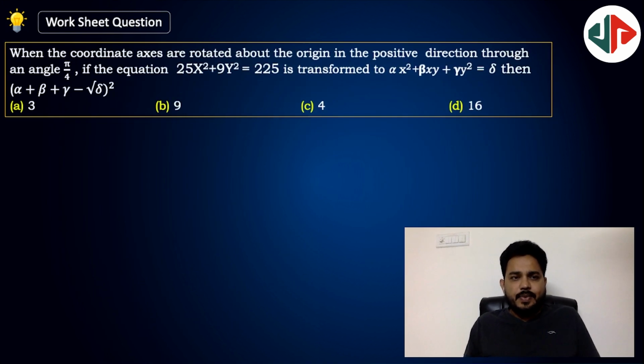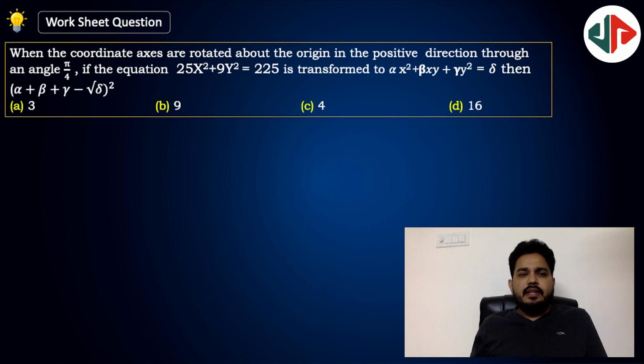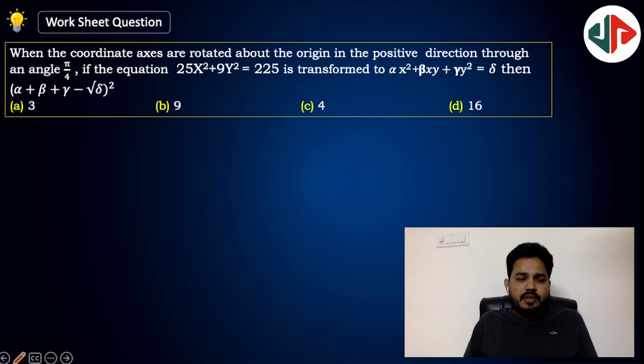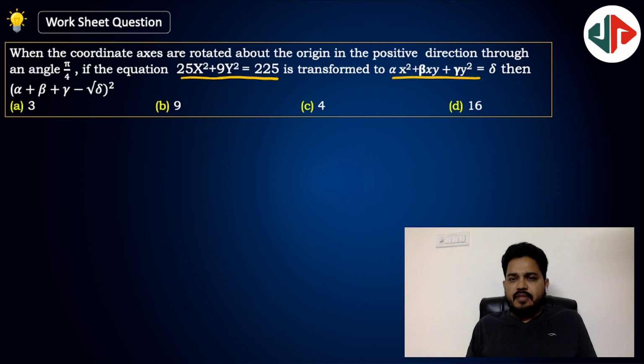So the next question is, when the coordinate axes are rotated about the origin in the positive direction through an angle of 45 degrees, how is this particular equation, 25x square plus 9y square is equal to 25, transformed into this particular value?